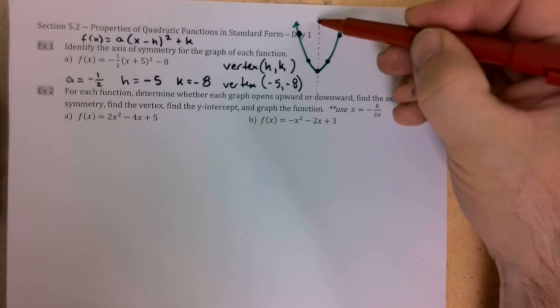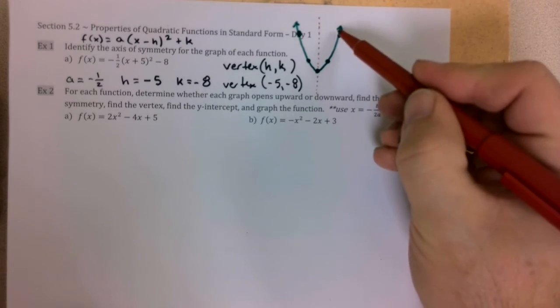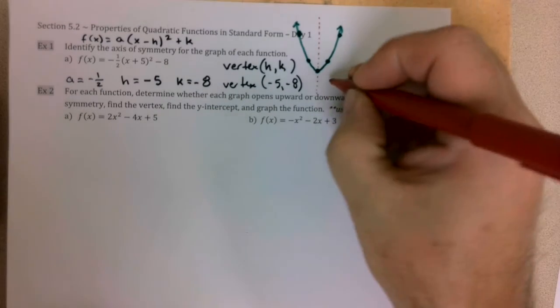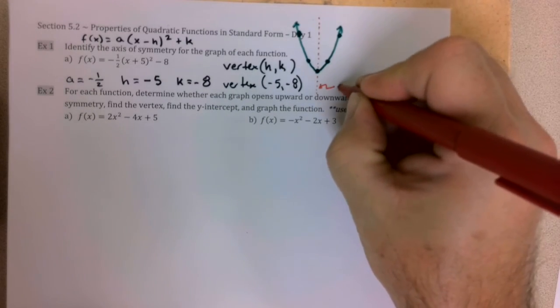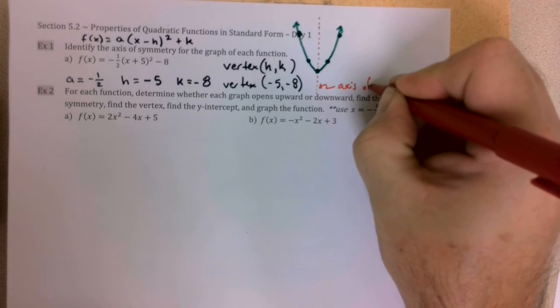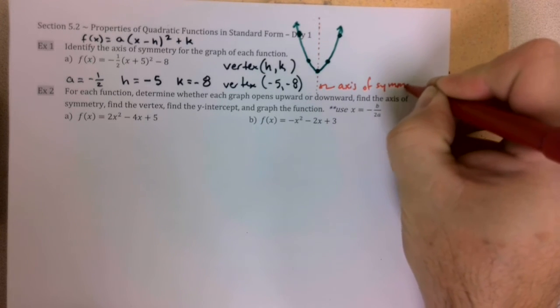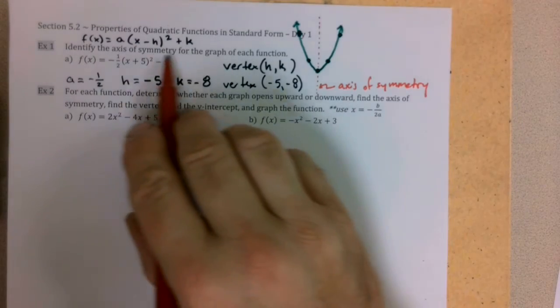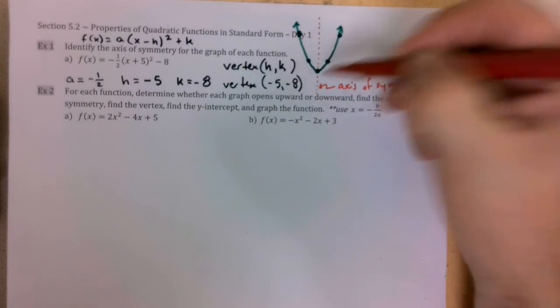If we folded this piece of paper right on the dotted line, this right side would fold over and be exactly on top of the left side. So this red dotted line right there, that is the axis of symmetry. So if we're supposed to identify the axis of symmetry, this is where it would be.